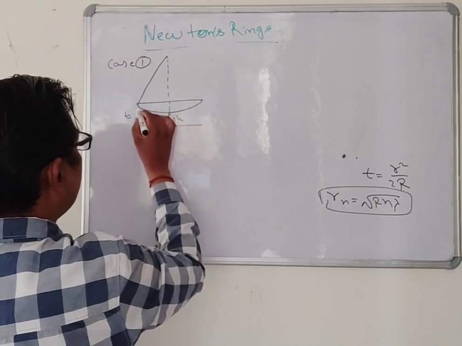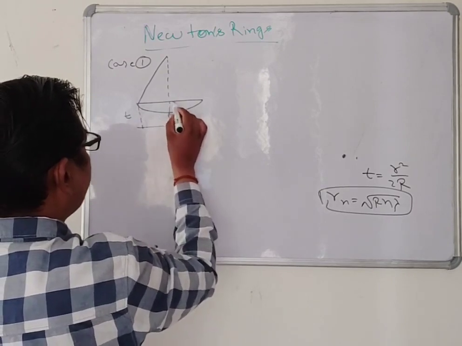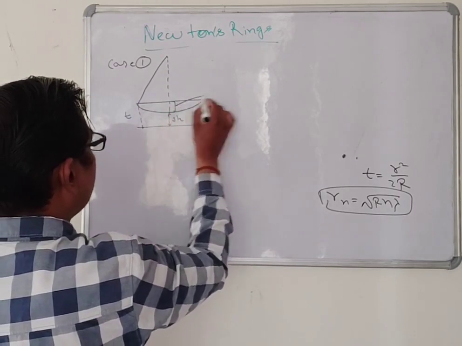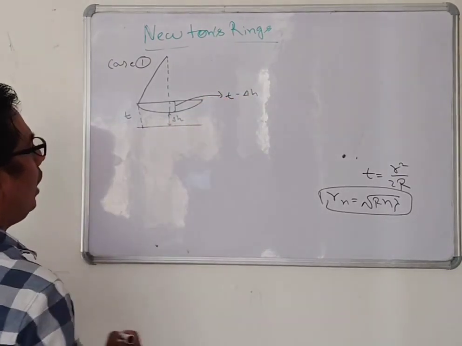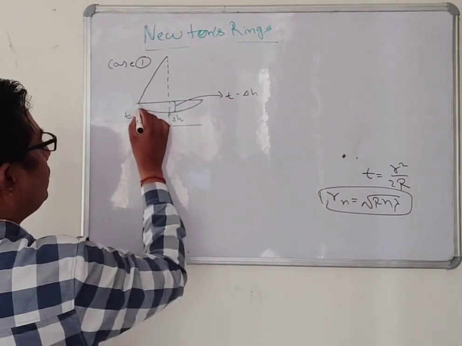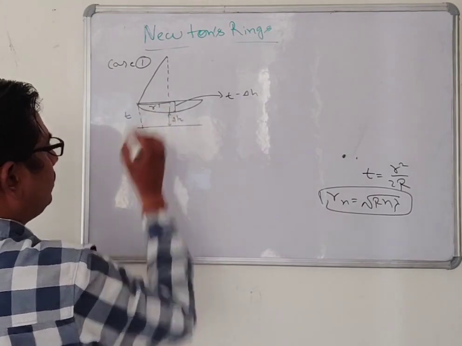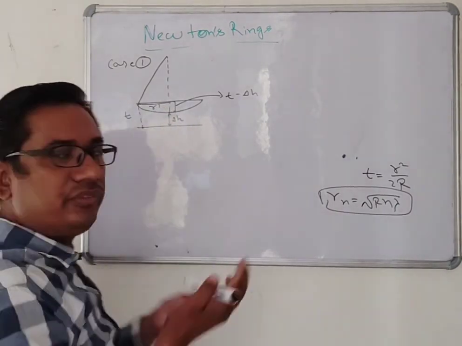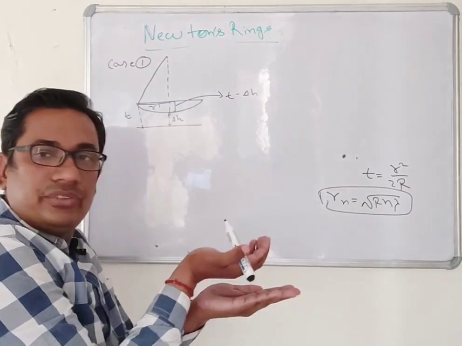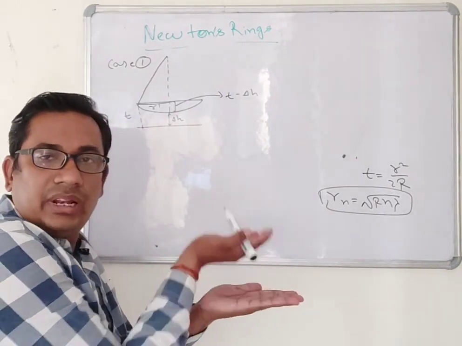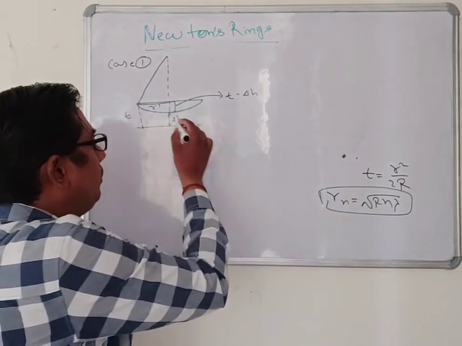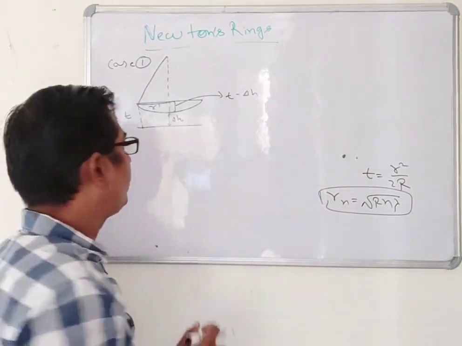Now the distance here is T minus delta h, and this is the radius R dash, because we are increasing the distance between the glass plate and the plano-convex lens by a height delta h.